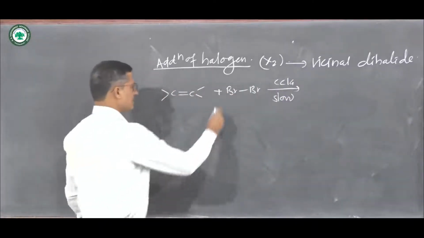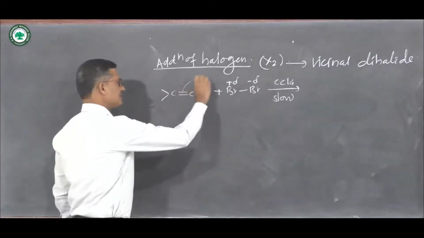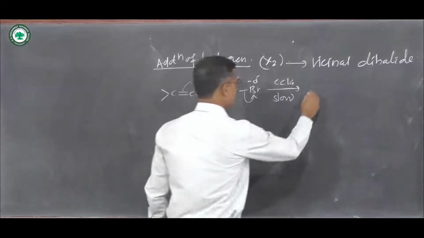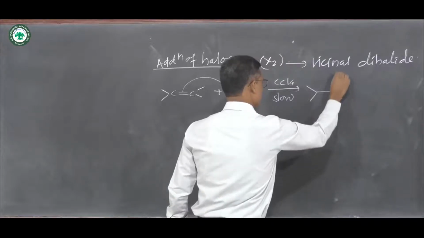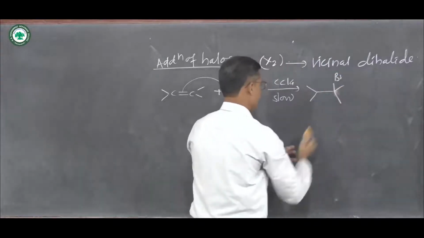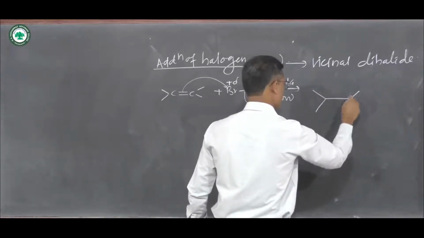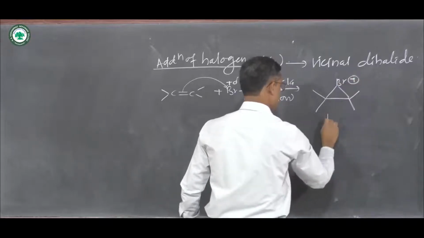What happened? One Br has the delta positive, the other has the delta negative. This electrophile is added first, then the other Br leaves, and then there is a formation of a bromonium ion, we remember. So here this is a bromonium ion.